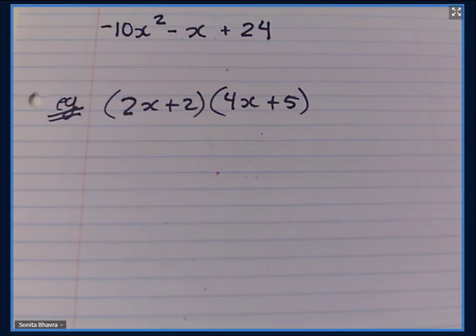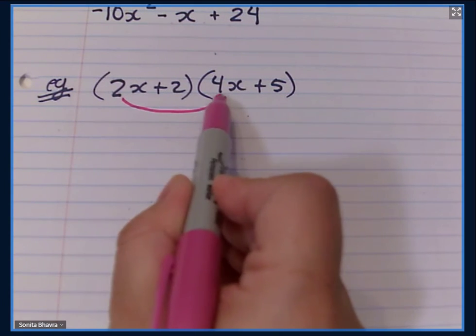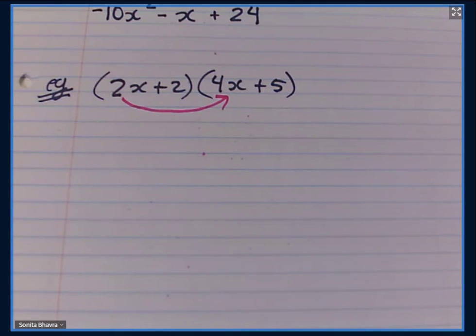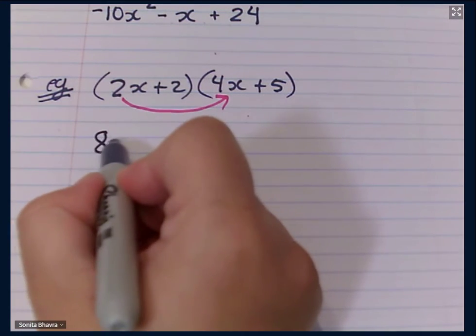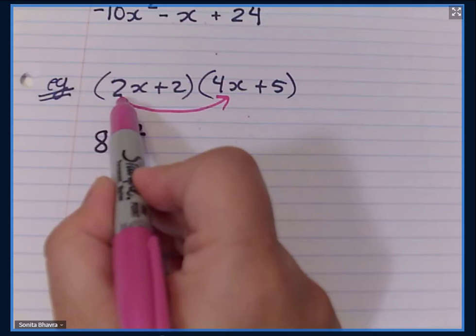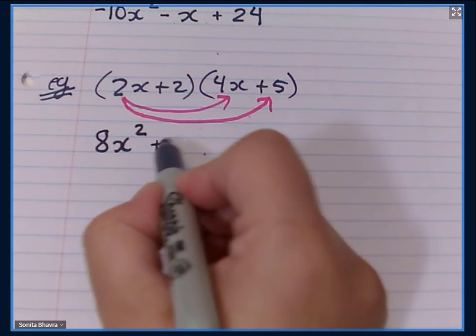Okay, so 2x plus 2 is being multiplied by 4x plus 5. So we are going to be using the FOIL method. So our first terms, 2x times 4x, that gives me 8x squared. Then I have the outside terms, which is 2x times 5, which is 10x plus 10x.